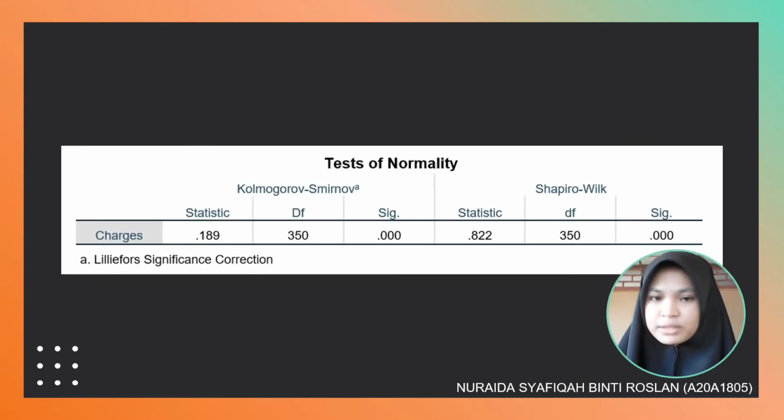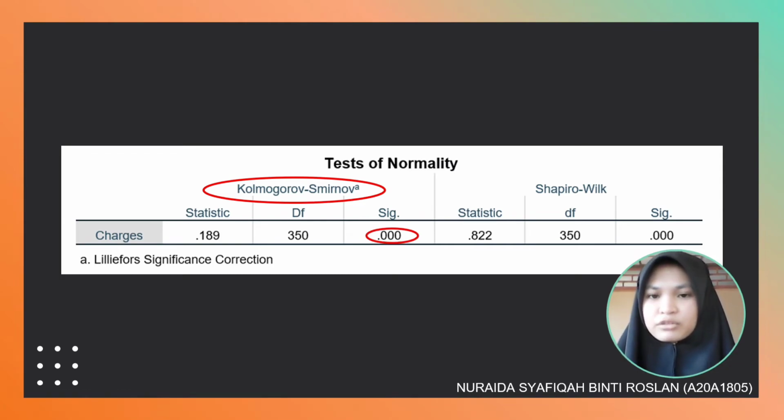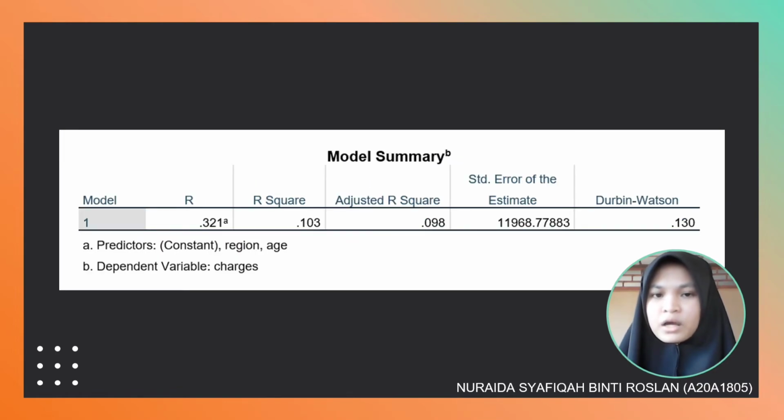Next, test of normality. Since our sample size is 350, which is greater than 30, the Kolmogorov-Smirnov test is most appropriate to use. The p-value is less than 0.05, thus the assumption of normality of the residual terms is not met. Model summary.